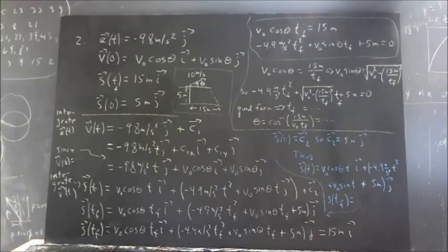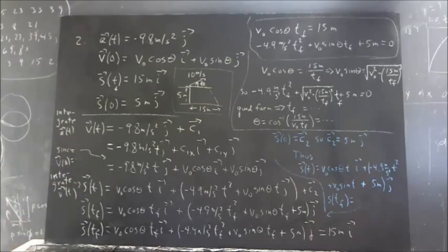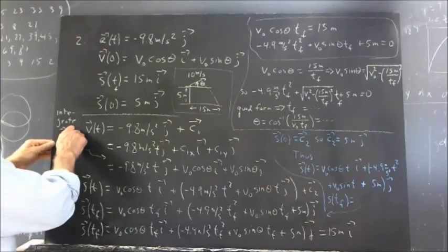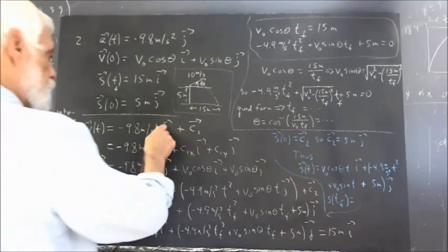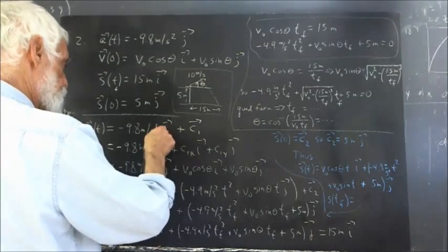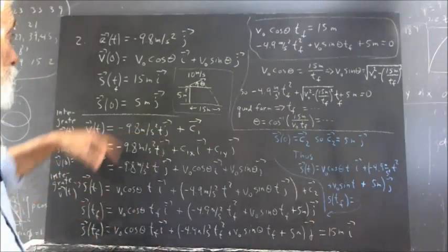Okay, so we integrate our acceleration function to get our velocity function. Okay, that's easily enough done. Our acceleration function is very simple. I left off a t right here. So simple as it is, I kind of messed it up.